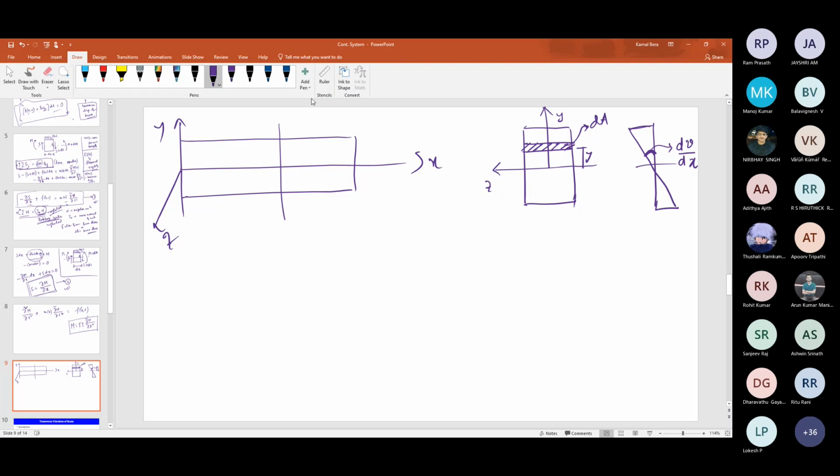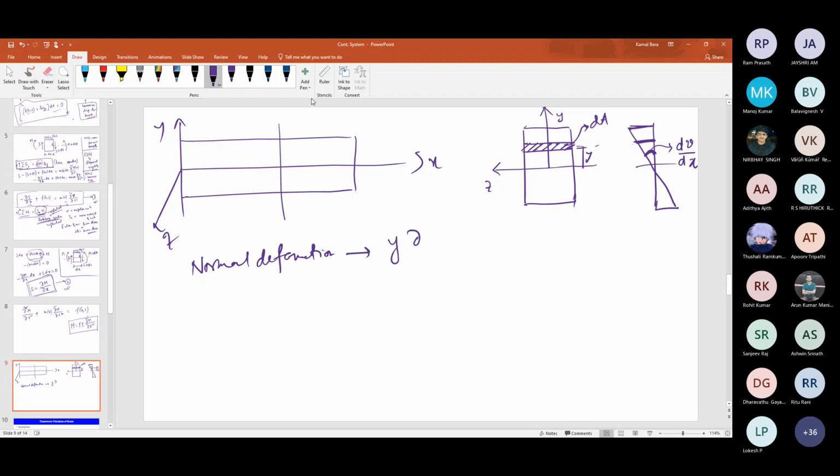That is the slope. Then at this level, what is this value? That is the displacement, right? That is the normal deformation, which will be y into this slope.